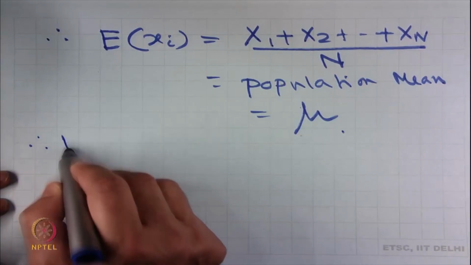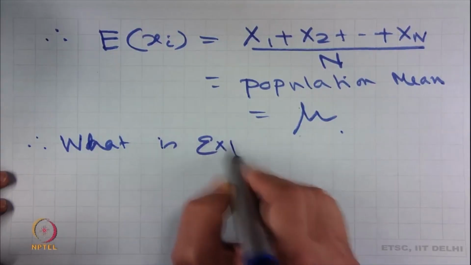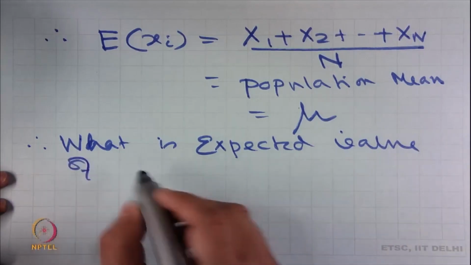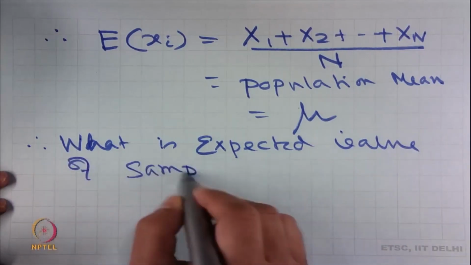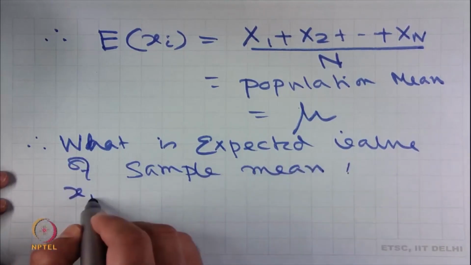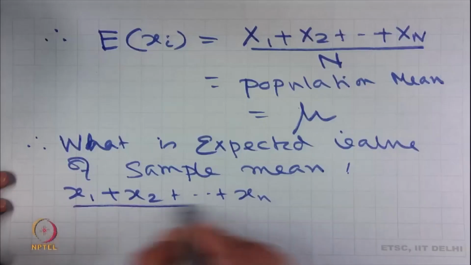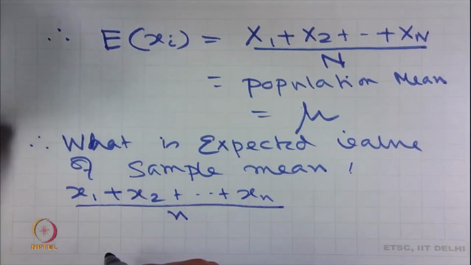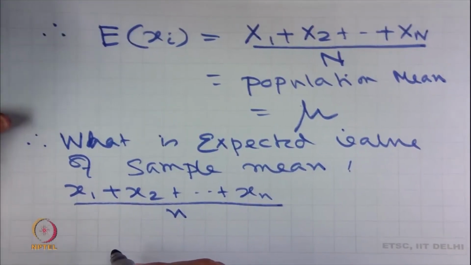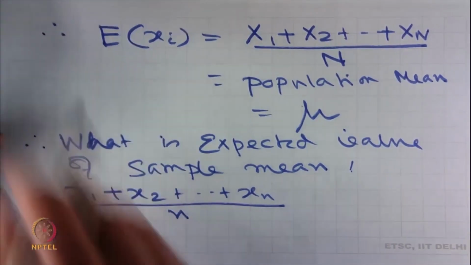Therefore, what is the expected value of sample mean, which is x1 plus x2 plus xn upon n? We know from the theory of expectation that expectation of sum is equal to sum of expectation.